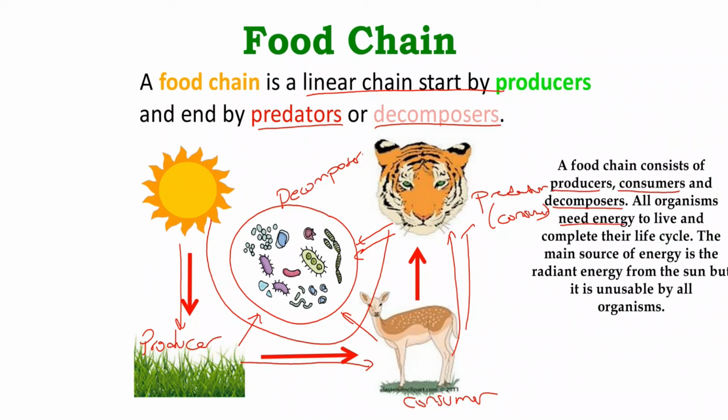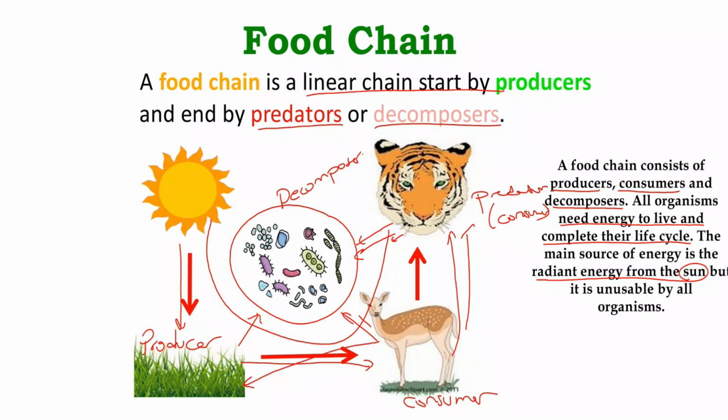All organisms need energy to live and complete their life cycle. You remember from the common characteristics of living things, one point is using energy. The main source of energy is the radiant energy from the sun, but it is unusable by all organisms. So this deer cannot use sunlight energy directly, but gets it from where? Energy from plants.